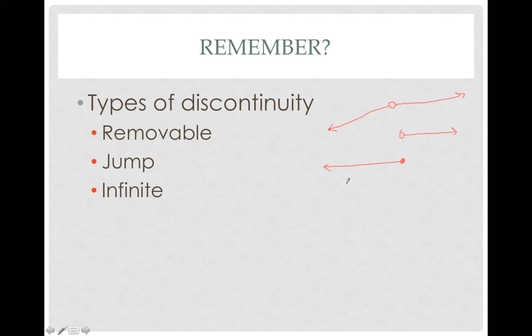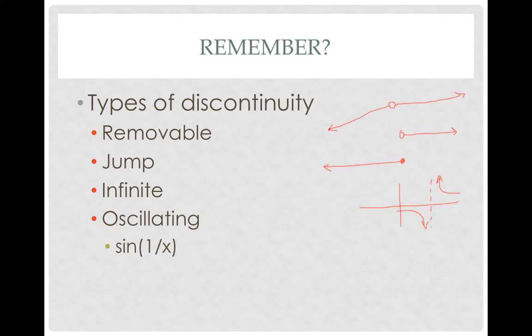You have infinite discontinuity, which means jumping over the asymptote there. And the weird one is oscillating. You can have actually oscillating discontinuity, like sine of 1 over x.